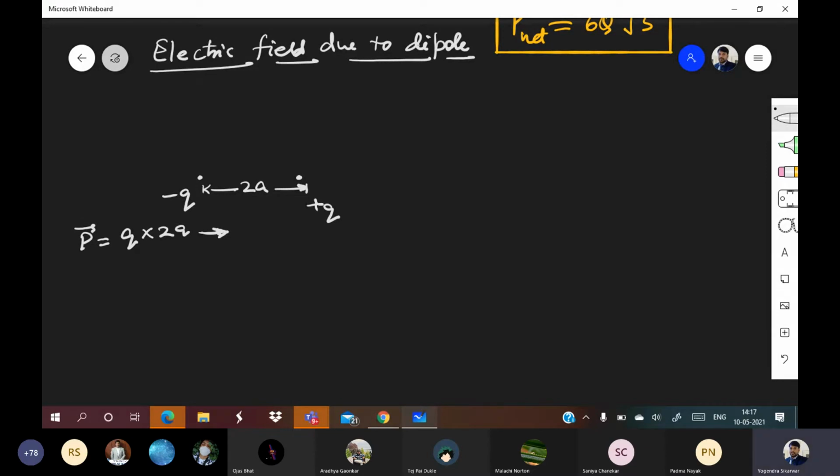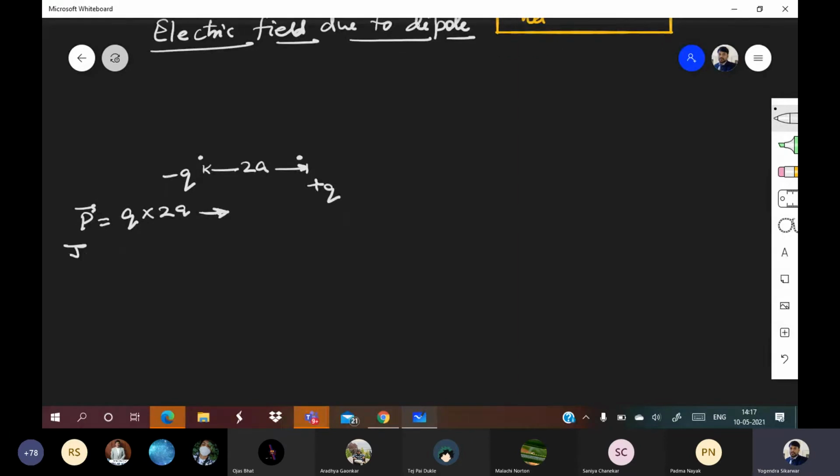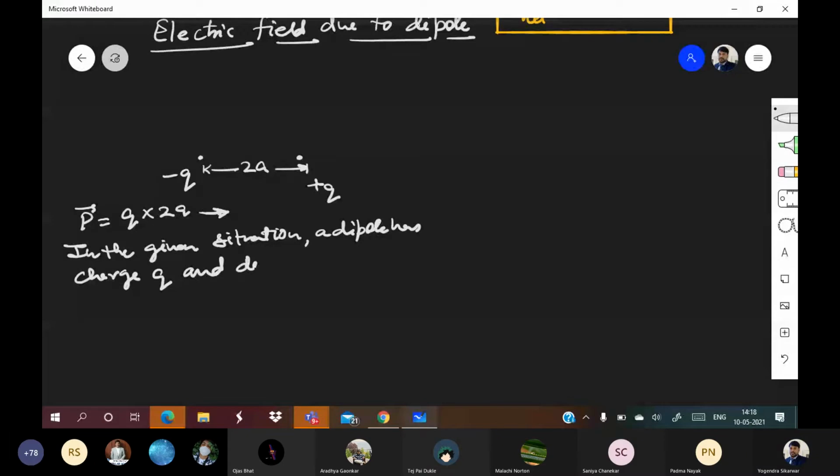So in the given situation, a dipole has charge q and distance between the two charges is 2a.